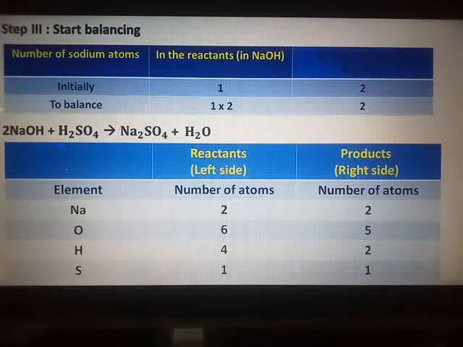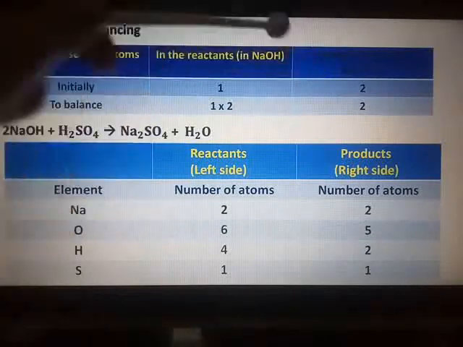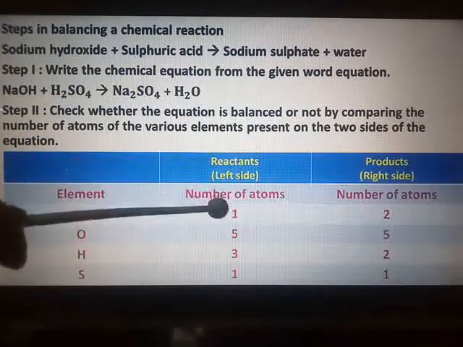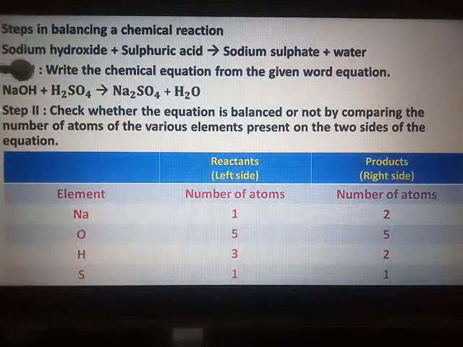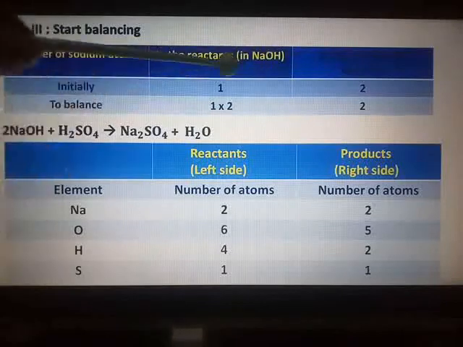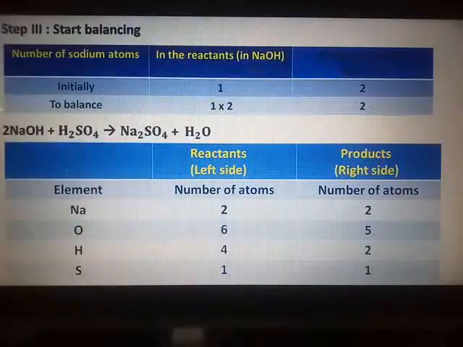First we will start with the balancing of sodium atoms. Initially, how many sodium atoms are there in the reactants, and how many in the products? In the reactants it is 1 and in the products it is 2. That means in NaOH, Na is 1, and in Na2SO4 it is 2. You write that immediately.